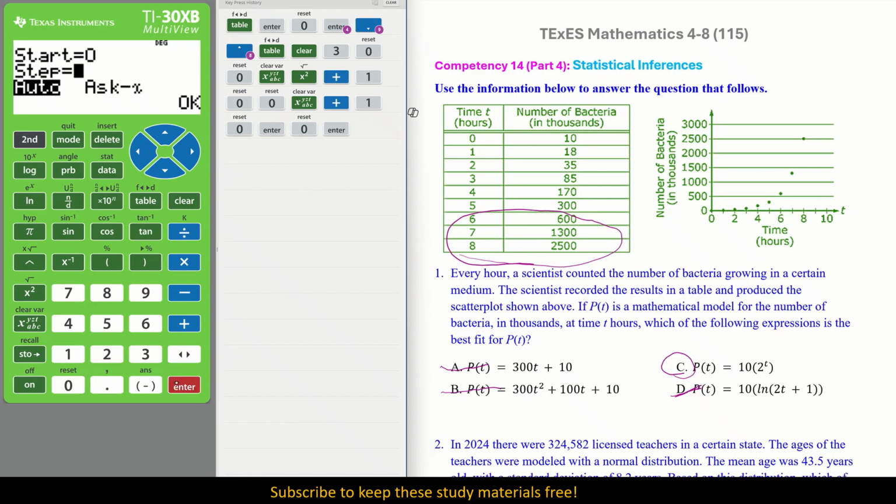Okay, start with 0, steps of 1. Ooh, no, not even close. So my instincts were correct that it just doesn't follow that nice exponential function, that look that it should have.